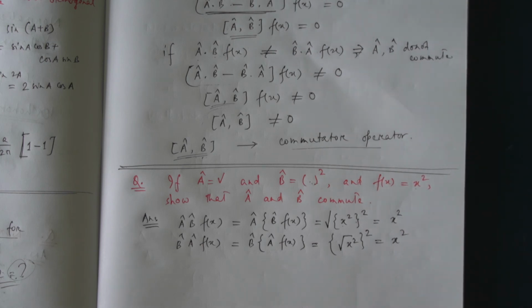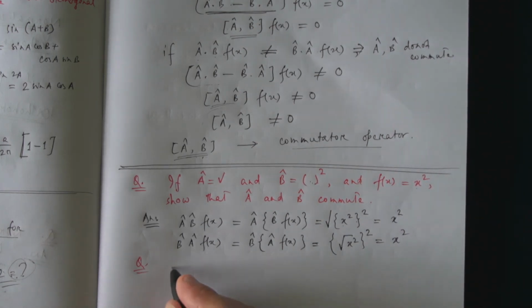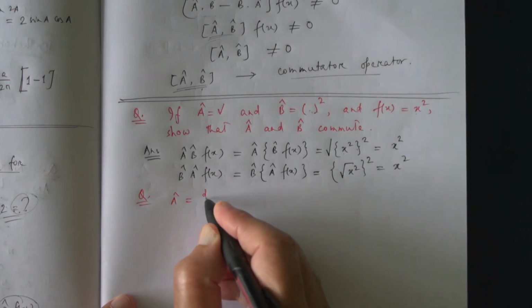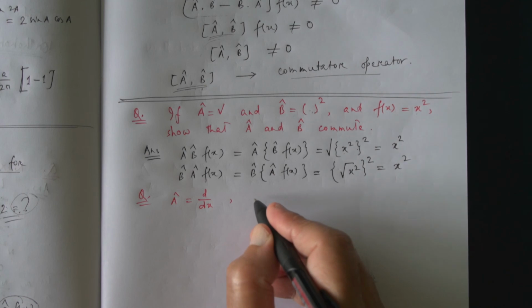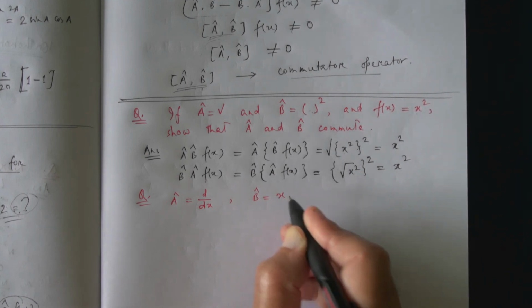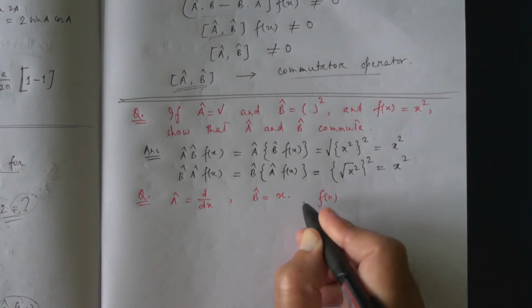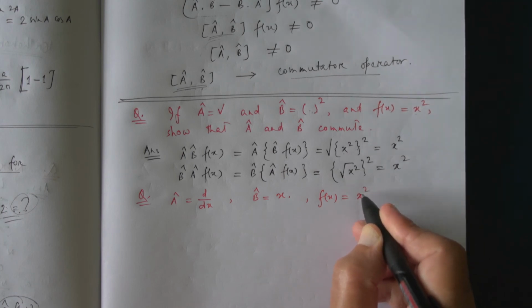Similarly, suppose you are given A equal to d/dx, B equal to multiplication by x, f(x) equal to again x square.